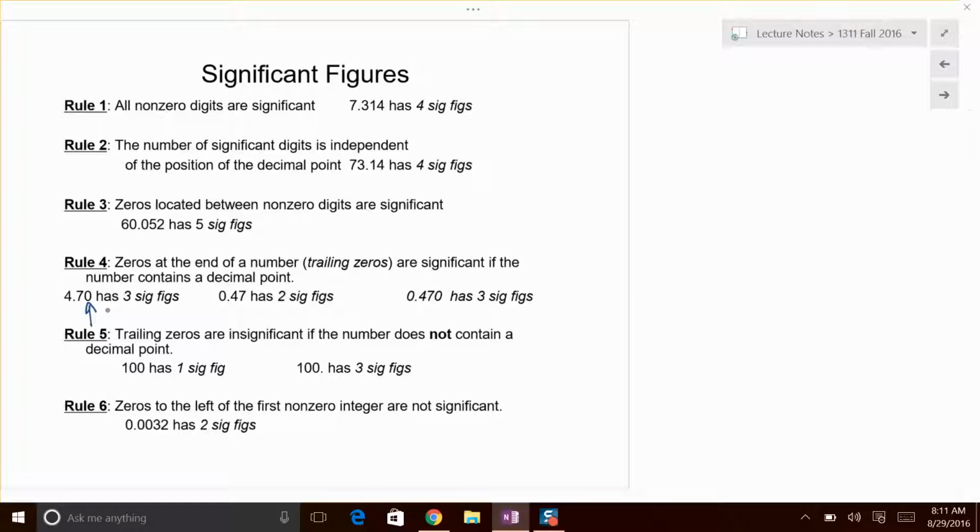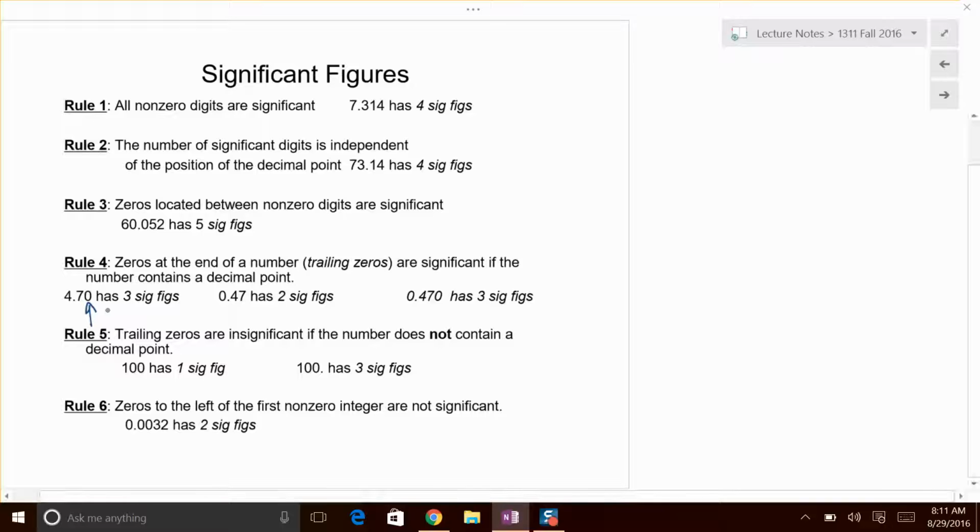Why do I write it if it has no value? To show the precision of the instrument I used to collect that data. That's the only reason, right? I have to maintain the integrity of the instrument I used in reporting that in my data. That's the only reason I put it there. Otherwise, I would leave it off. Okay?